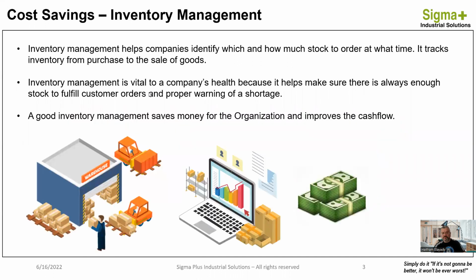Now that we have understood the meaning of the inventory, we need to understand what the meaning of inventory management is. In fact, there is a very nice and simple definition for inventory management, which is having the right inventory at the right time and the right place.